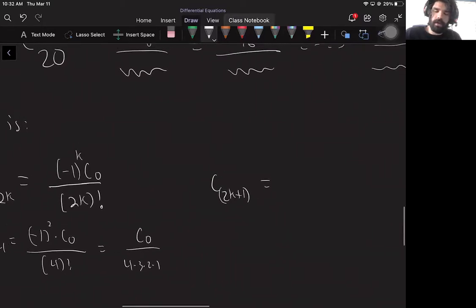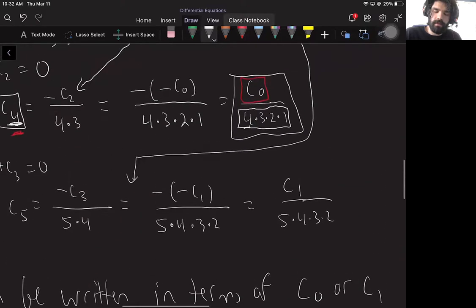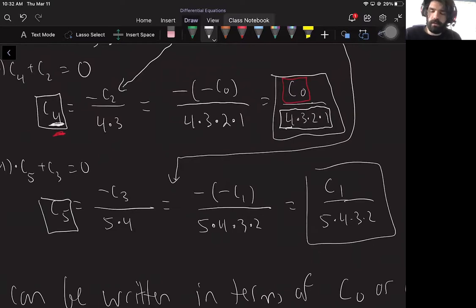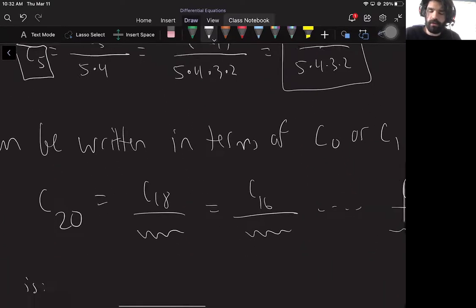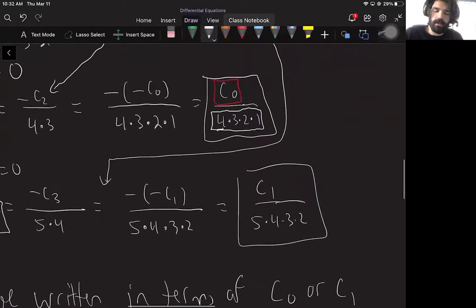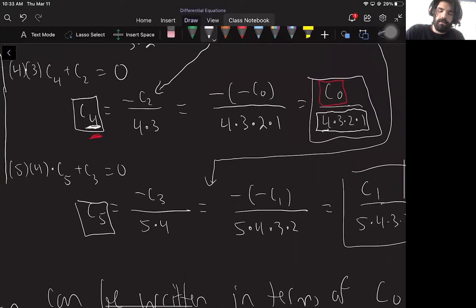Okay, so then for odds, very similar idea. So if I think about what I got for C3, or C5, I can establish the pattern. So C5 looks like C1 over 5 factorial. So if I have an odd number, I'm going to divide by that odd number factorialed, and it's going to be in terms of C1. And then I'm also going to have this negative flipping back and forth.